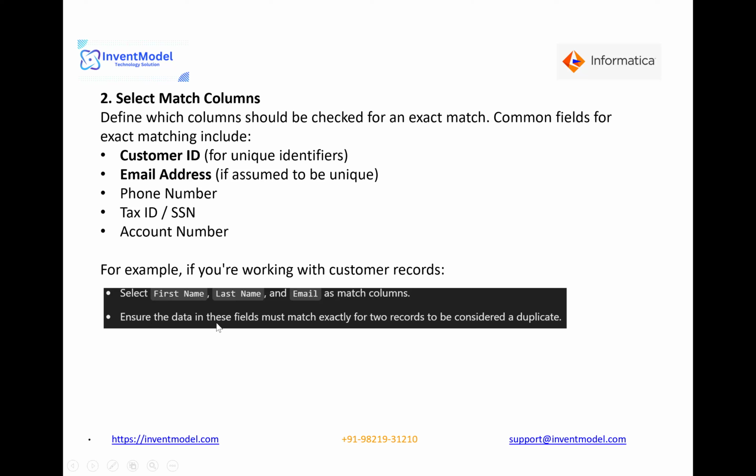We have to ensure the data in these fields must match exactly for at least two records to be considered a duplicate. So what it is saying is that for exact match, at least two records should be the same so that we can have a value out of those records as an exact match.